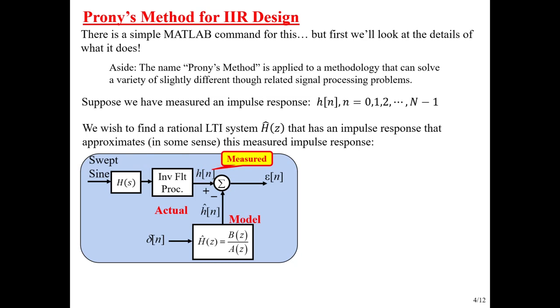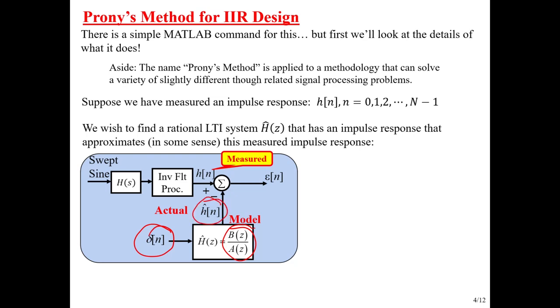Now, our job is to come up with an IIR filter model. So IIR is going to have a numerator and a denominator polynomial of Z. Now I put a hat on this so that we can distinguish its impulse response from the measured impulse response. And I'm just imagining if I had these polynomials and I put a delta function into it, it would create the impulse response of that.